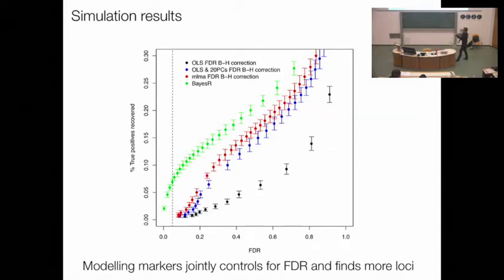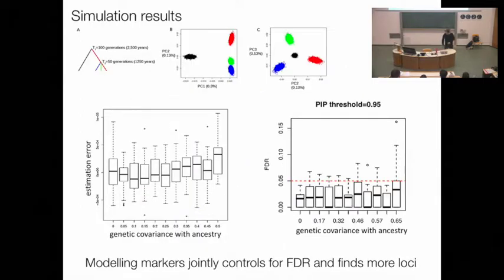We can show the true positives recovered against the false discovery rate, that for our approach in green, we basically have more power and a better true positive rate given the false discovery rate than anything else currently used in the field. If we do a simulation study, a very simple one, where we break up a number of populations, that's how they would look in a PCA plot, and we assign different genetic covariants with ancestry.